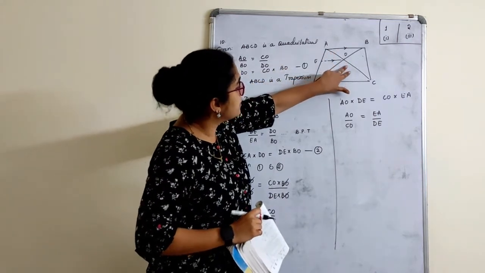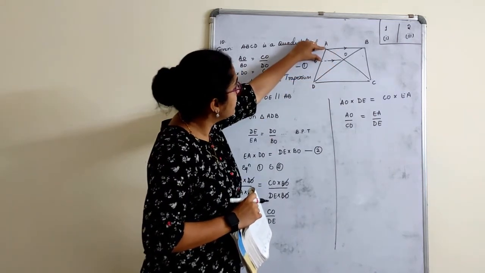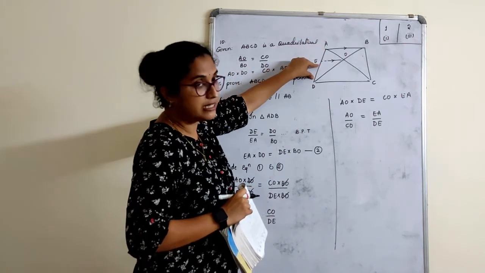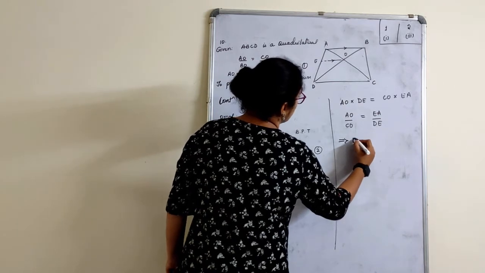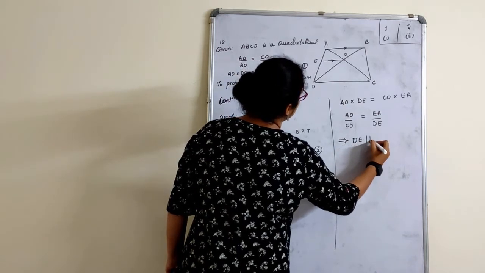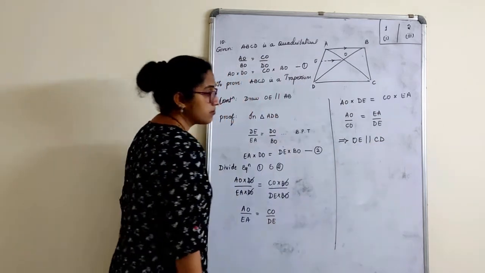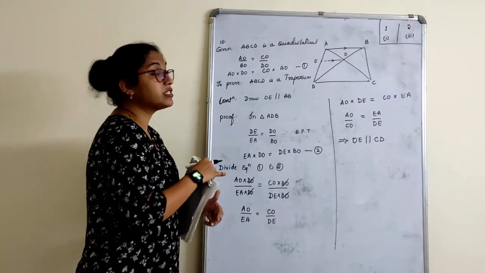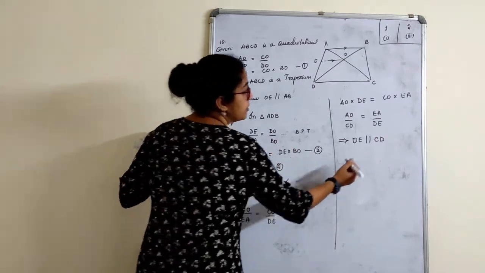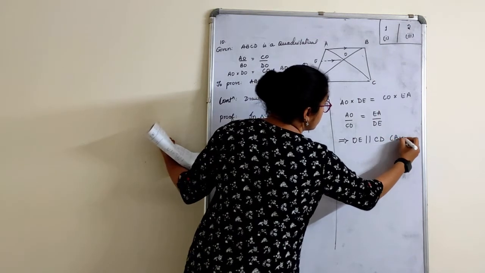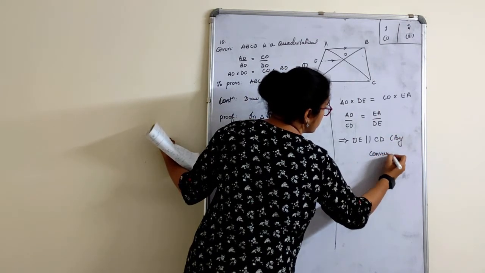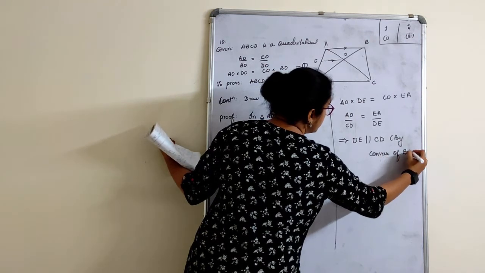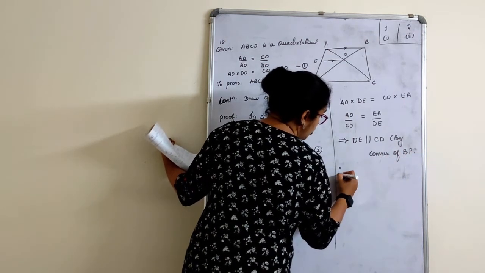AO upon CO is equal to EA upon DE. Right? This implies OE is parallel to CD. Actually, it is parallel. That was construction. We assumed it. By converse of BPT.